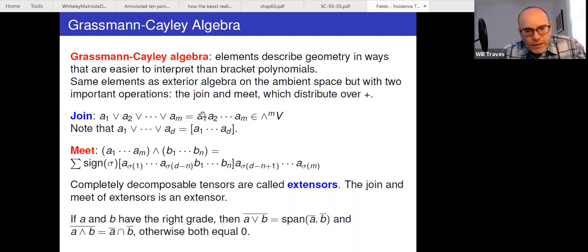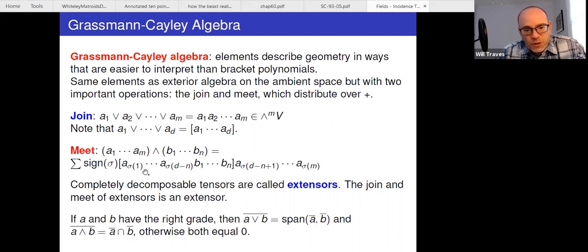But the join should, in some sense, be thought of as giving the direct sum of, not the direct sum, but just the sum of two subspaces. So if these vectors define one-dimensional subspaces, then taking their join will define the space spanned by them.